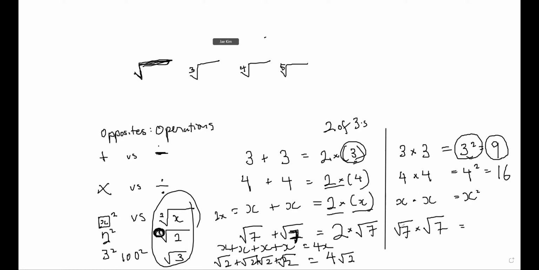But what if I have root 7 times root 7? That is the same as what squared? Root 7 squared. And I just said that the root is the opposite of a square. They can sort of cancel each other out, giving me a 7.